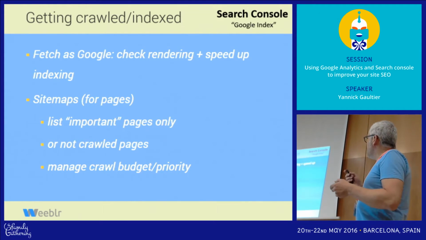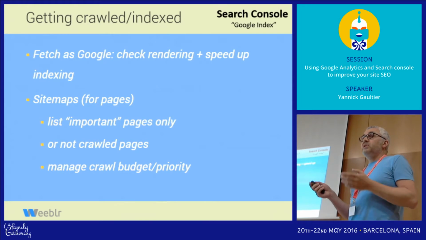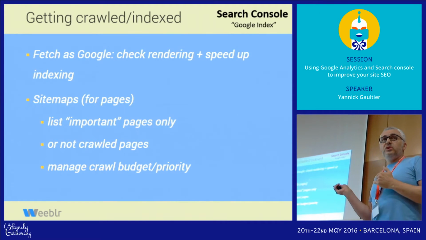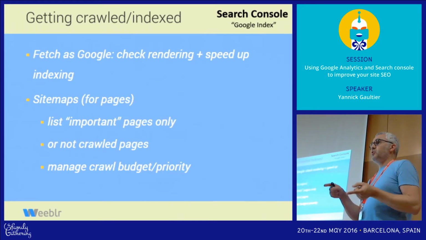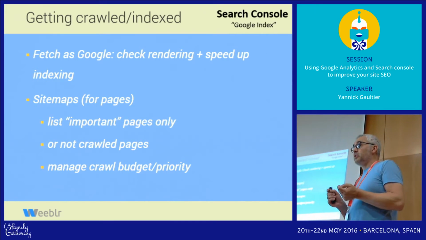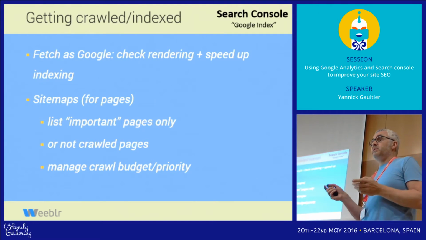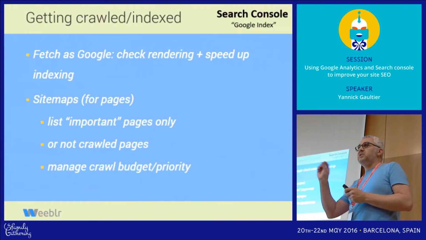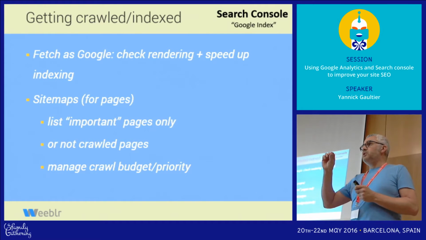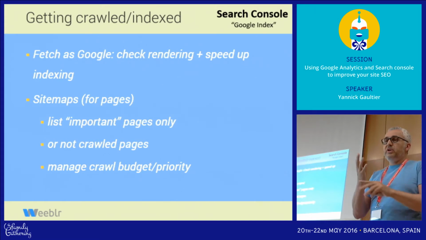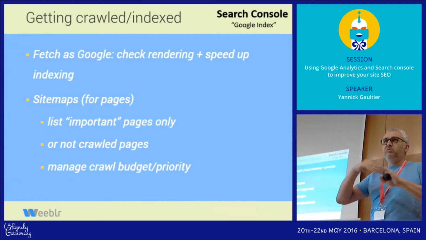Okay, so in this area there are two tools we mostly use. There's the Fetch as Google tool, which is also a section in the Search Console. It used to be something you would use to see how Google is viewing your pages. In the past they were not running JavaScript, they were not rendering the page.